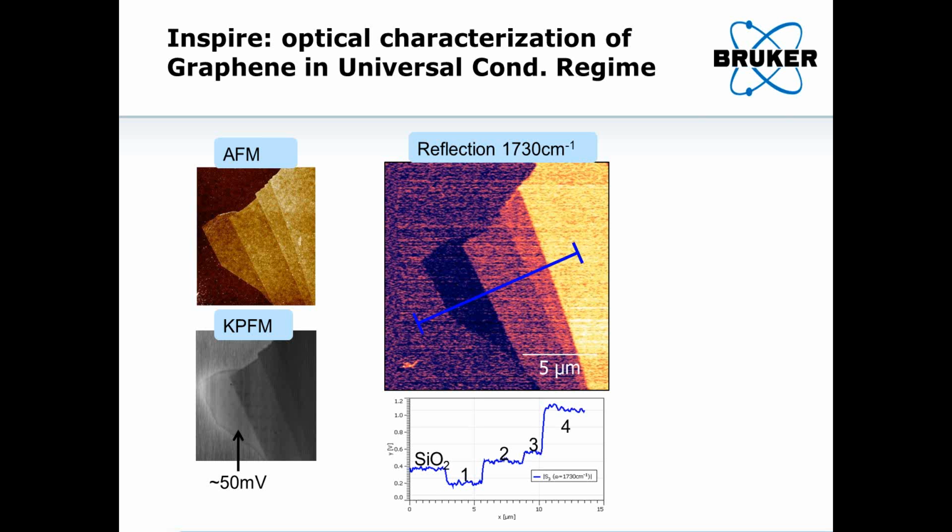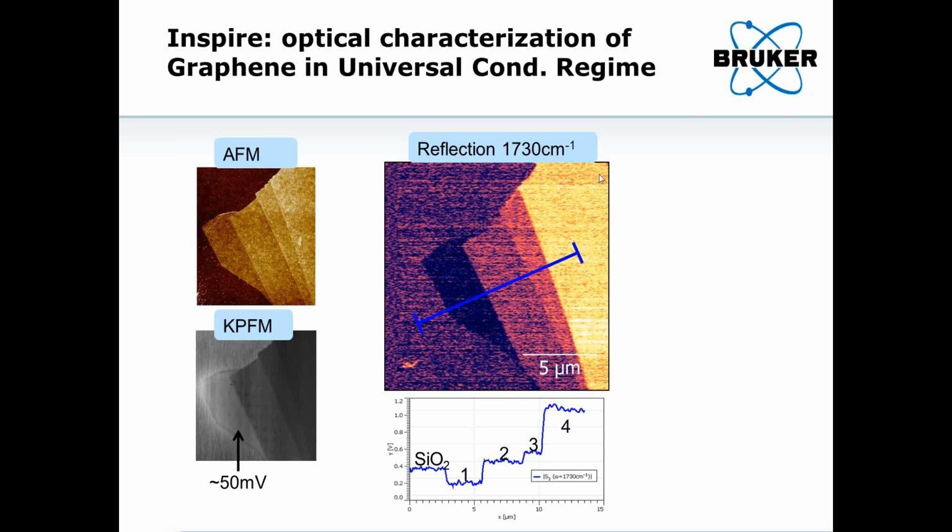Since the KPFM data gave us an idea of the work function of graphene, it was around 50 millivolts, we were able to use an appropriate infrared frequency of 1730 wave numbers to ensure that we're in the universal conductivity regime.